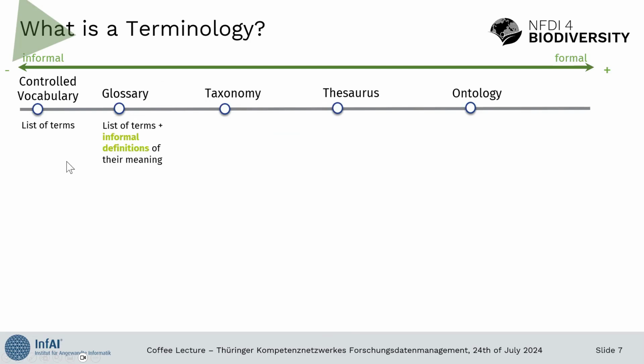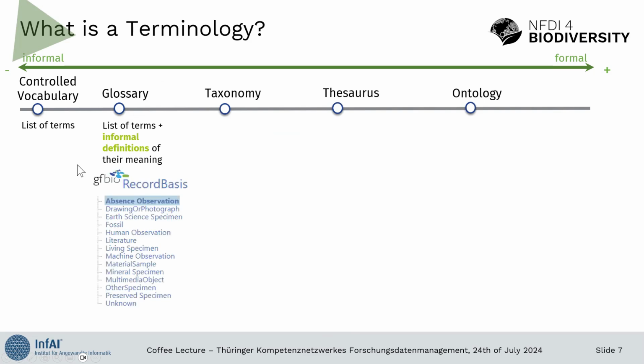A glossary is a list of terms with additional informal definitions for the meanings. I take here an example from the GFBio project, where we defined a set of record bases with their definitions.